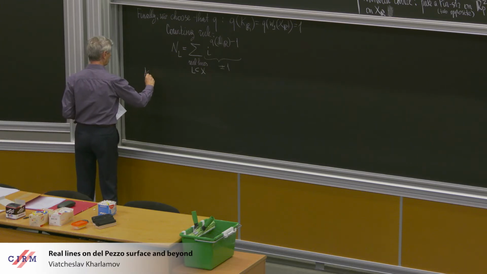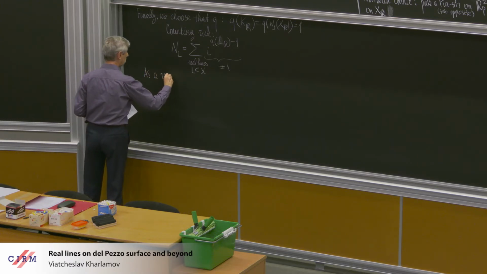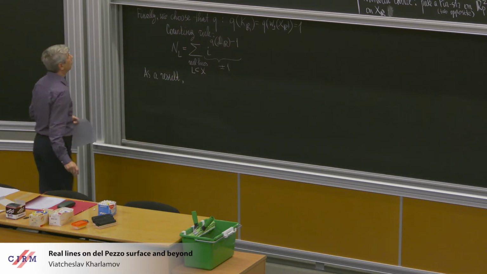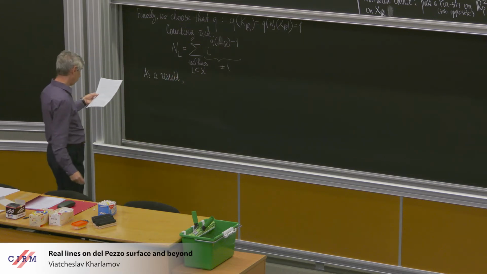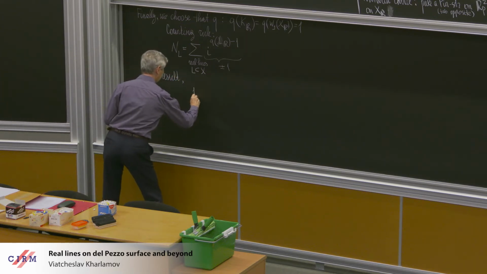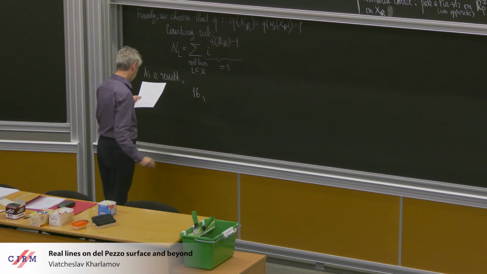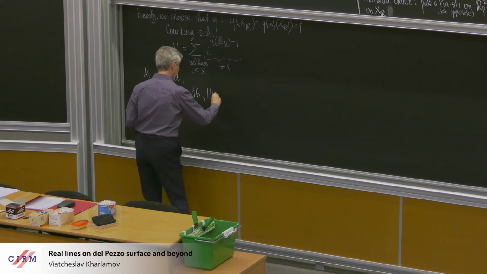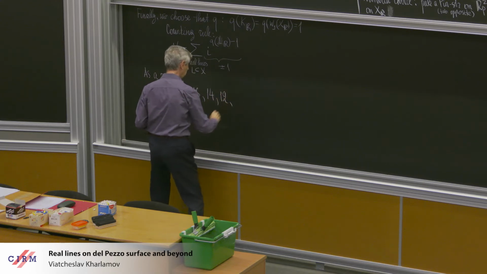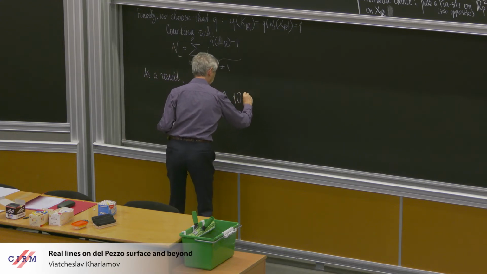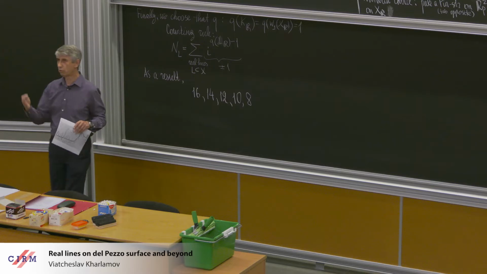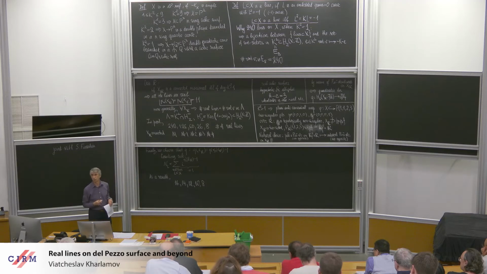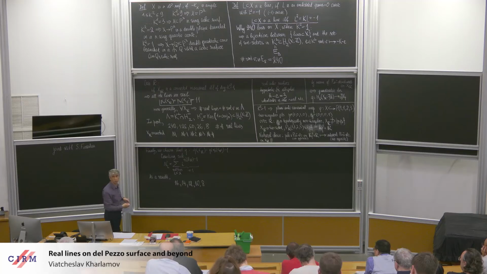So we made a count. As a result, we have obtained the following numbers: 16, 14, 12, 10, and 8. So as Step asked me already once, this is for which kind of surfaces? Always the same.